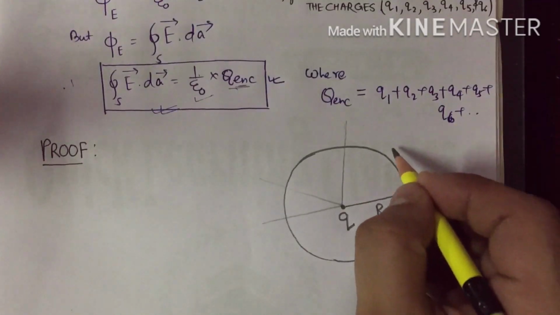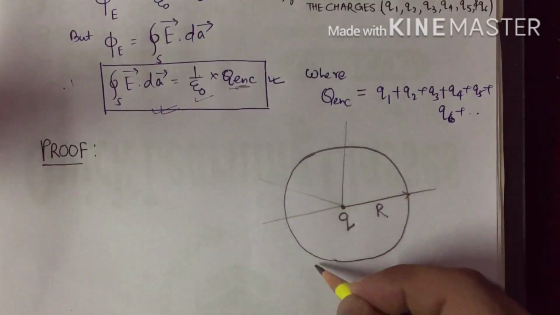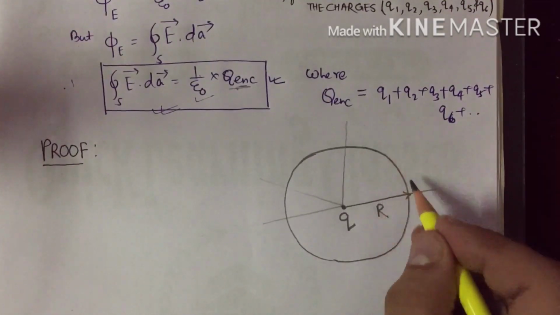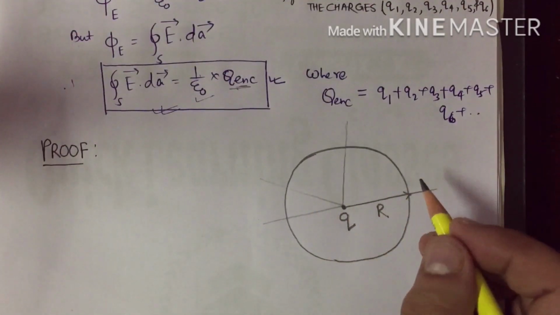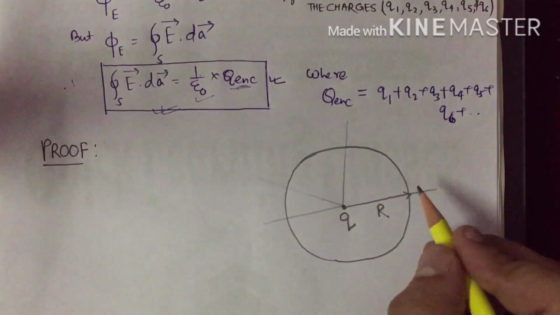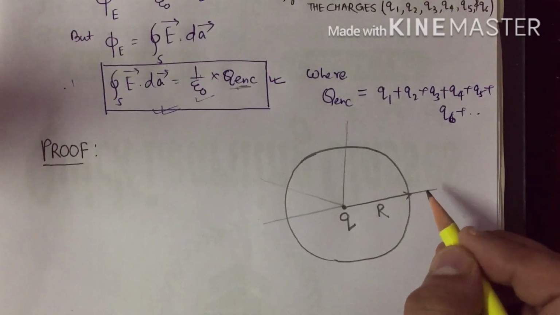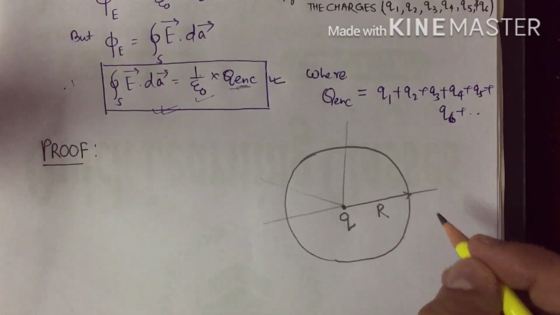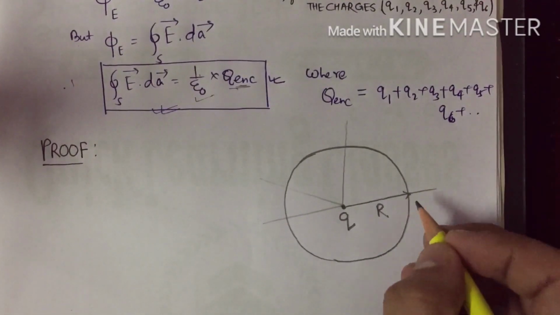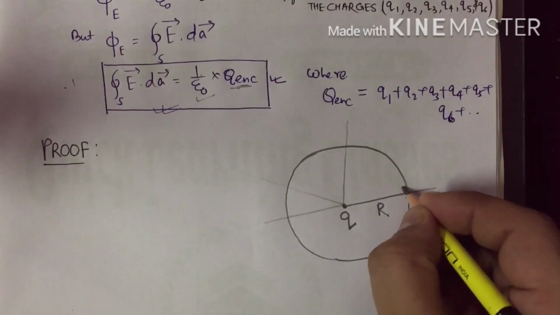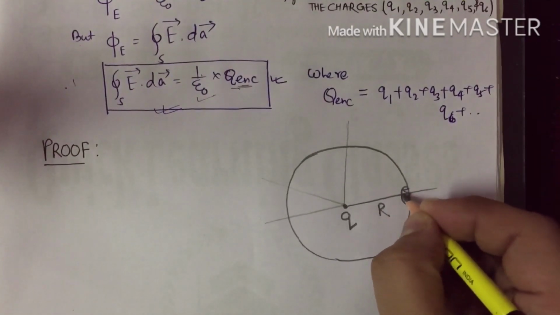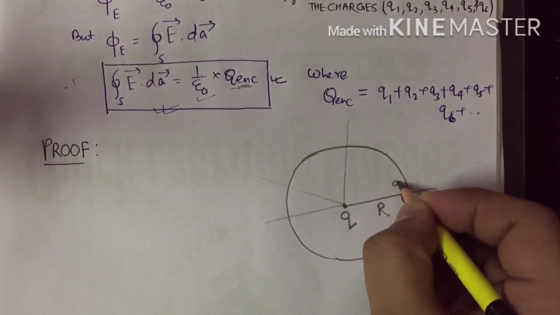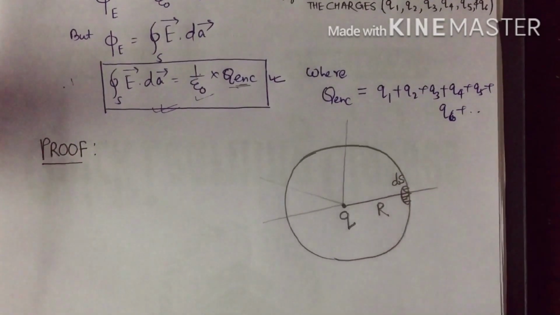So if you move along the surface of the sphere, you'll find that the electric field lines are perpendicular to the surface. I'll explain in a later video why the electric field lines can only be perpendicular to the surface and cannot have a parallel component on the surface. So consider a small elemental part on the surface of area dS.